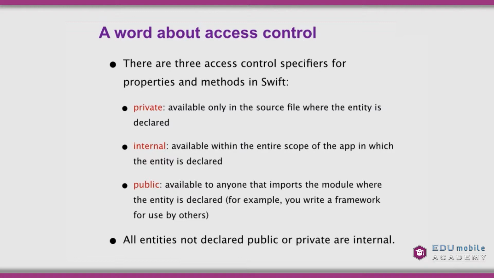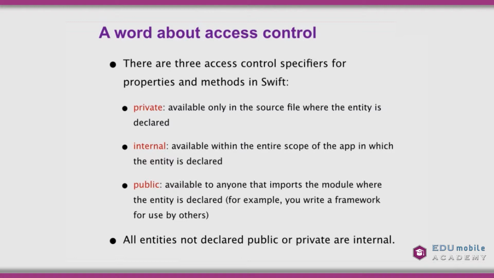Then a lot of things that you would want to declare would be public, and those would be the things in your framework that you expose in your API. So public is for APIs, essentially. Internal is app-wide, and private is only in this file. The default behavior, again, is internal.